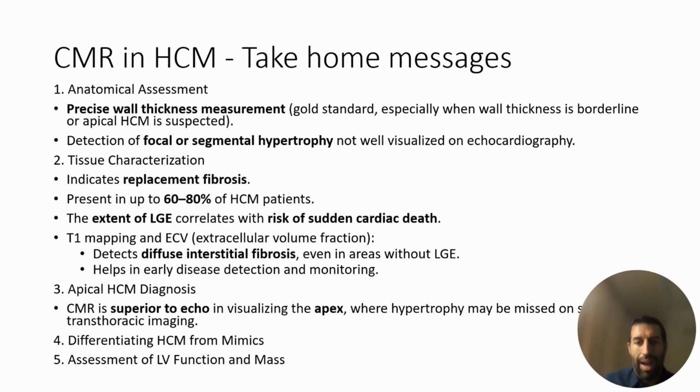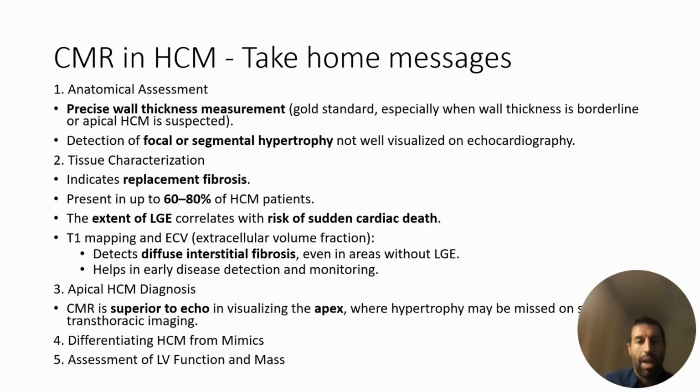It's well established nowadays that the extent of LGE correlates with risk of sudden cardiac death. Additional advantages: sequences with T1 mapping and ECV give us extra information, detect diffuse interstitial fibrosis even in areas without LGE, and help in early disease detection and monitoring.